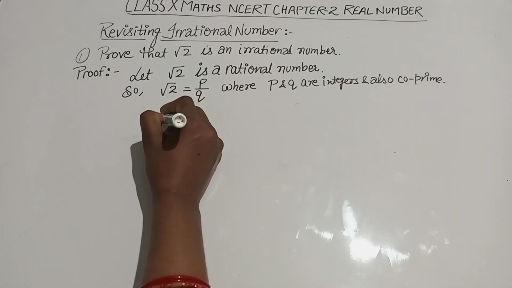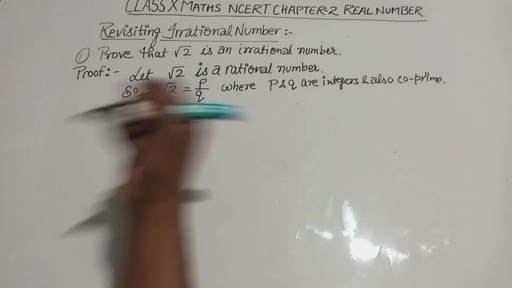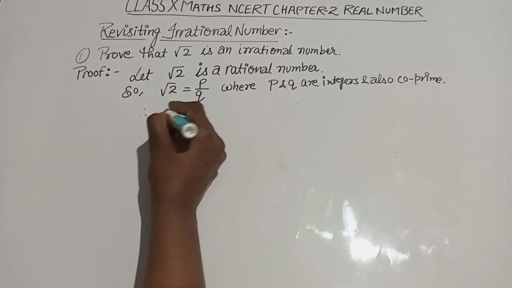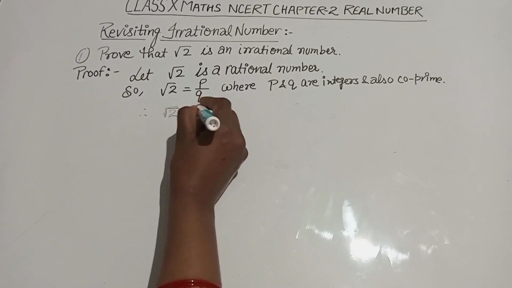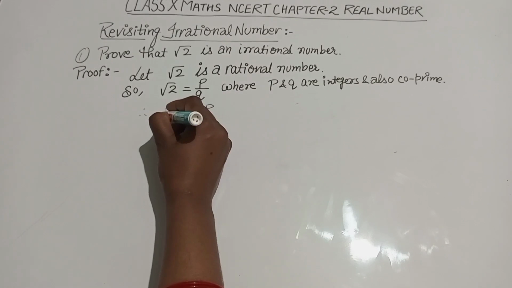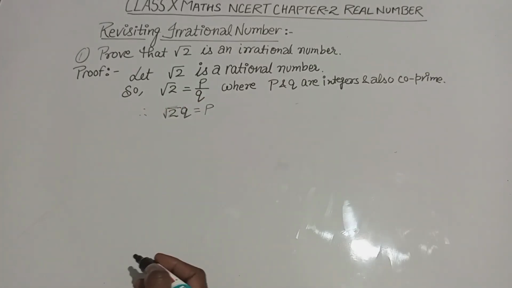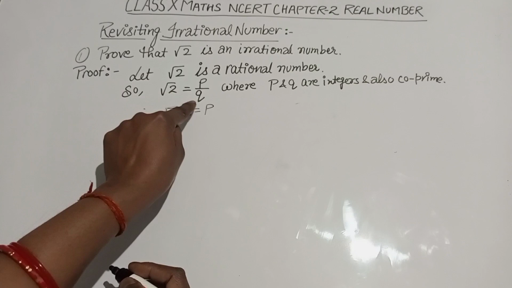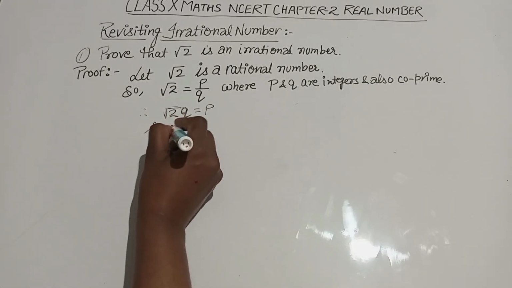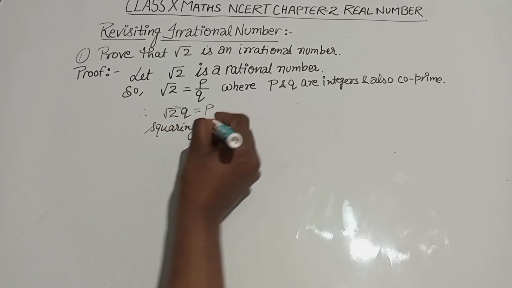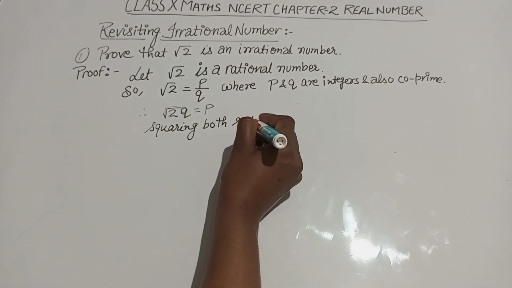Root 2 q is equal to p. It can be written as root 2 q equals p here. So, squaring both sides.